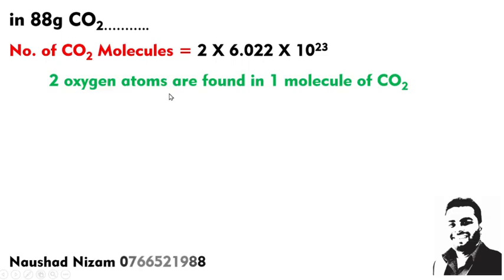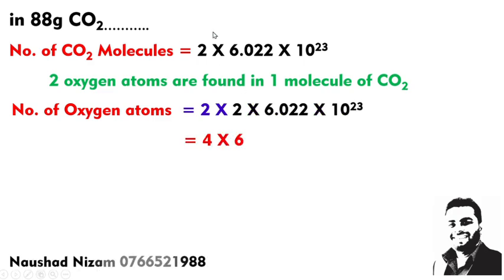So when there are 2 moles of carbon dioxide, the oxygen atoms double. Take the same number of molecules found in 88 grams and double it, because in one molecule you have 2 oxygen atoms. 2 times 2 is 4. This is the number of oxygen atoms.